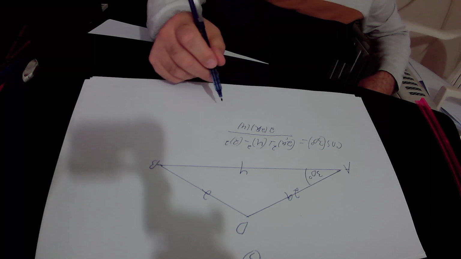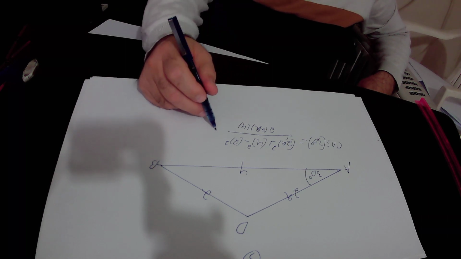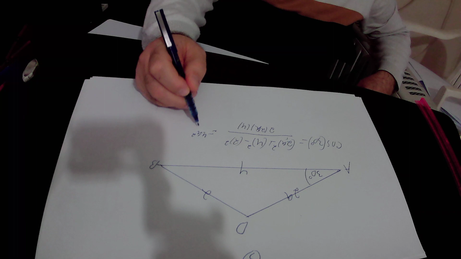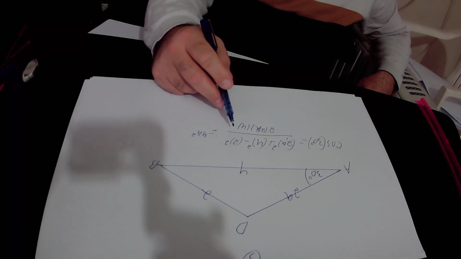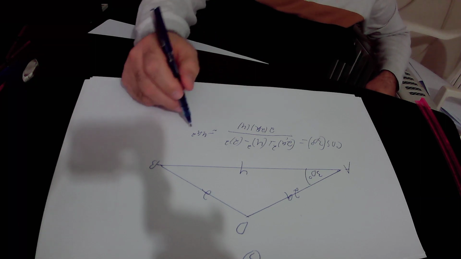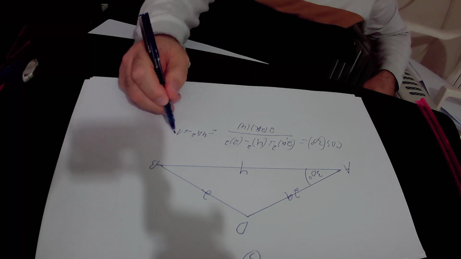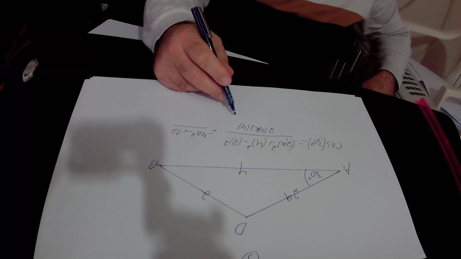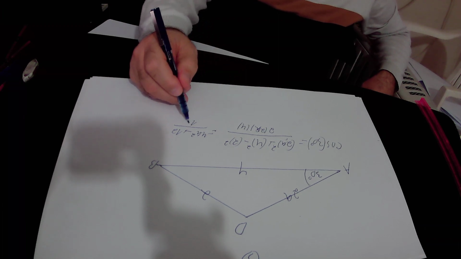Here 2 times AB is 4 times AB. 4 square is 16 and minus 2 square is minus 4. 16 minus 4 is 12. Over 2 times 4 is 8. 8 times 2a is 16a.